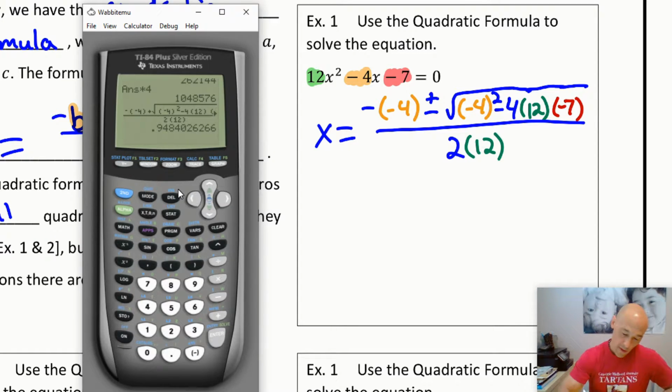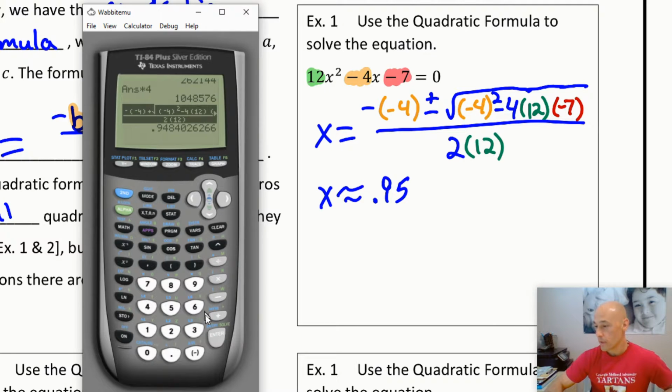And so this says that x is approximately equal to 0.95. I'm going to round to the hundredths place, so I look at the thousandths, and because it's 5 or greater, I round up. Okay, now that's when we use the plus right here. Now we need to do it with a subtraction.